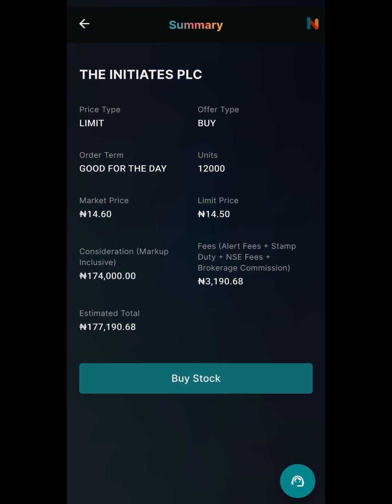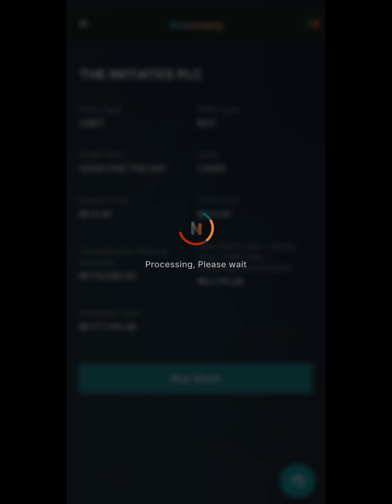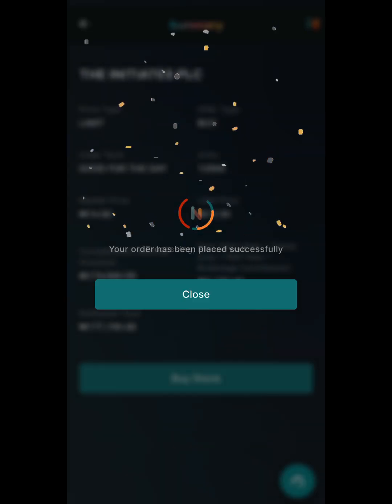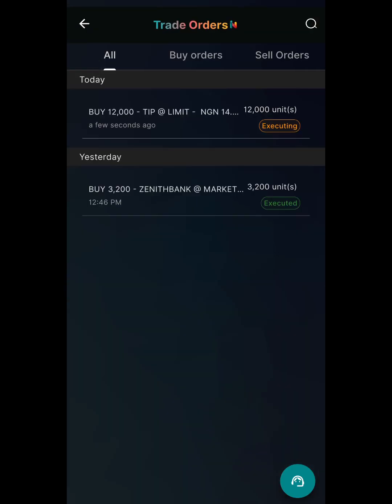So click on buy. Here you can see the calculation, the price, everything. So I'm buying 12,000 units. This is the market price. This is the price I want to buy for. Consideration, markup, you see all of this, and then I'm just going to click on buy. Before you know it, the order is supposed to say it has been placed.